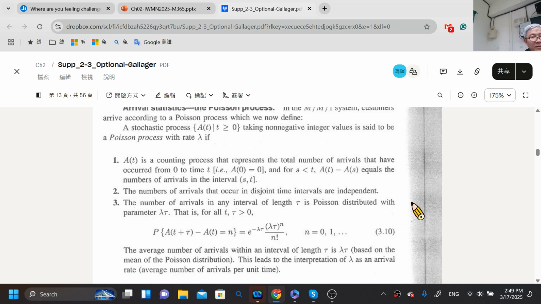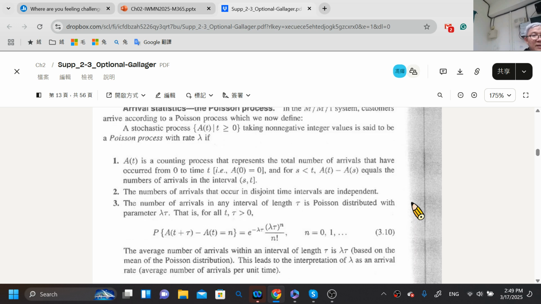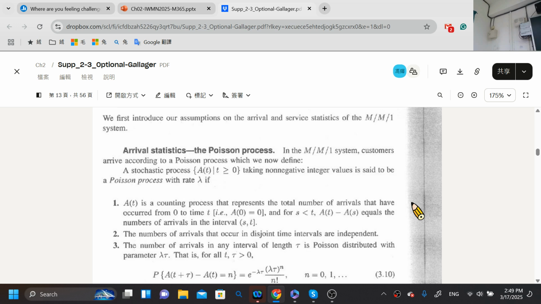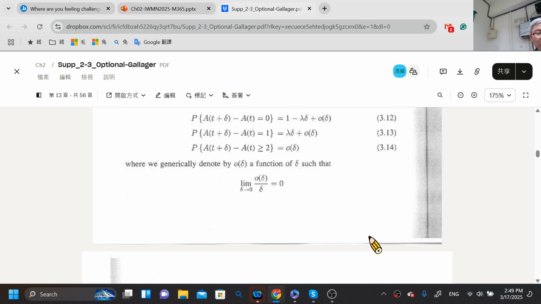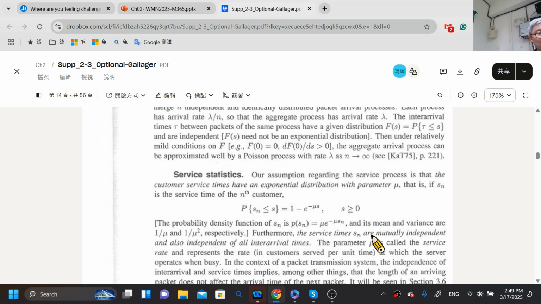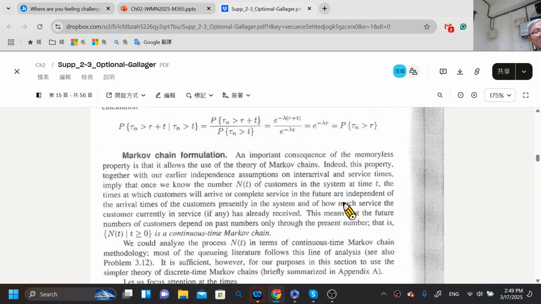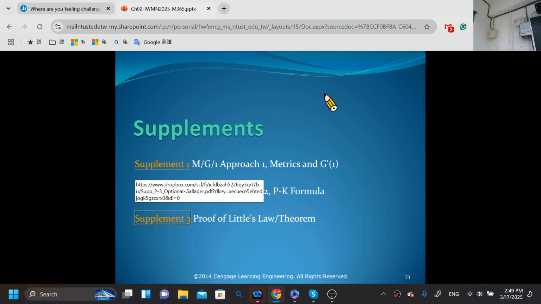However, if you want to know more about the Poisson process, we have many ways to describe how the Poisson process can be applied to the field. So you can try to check it. And I stop here, and if you are interested in the remaining one, you can try.